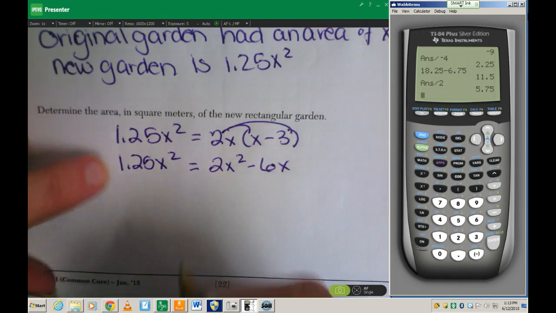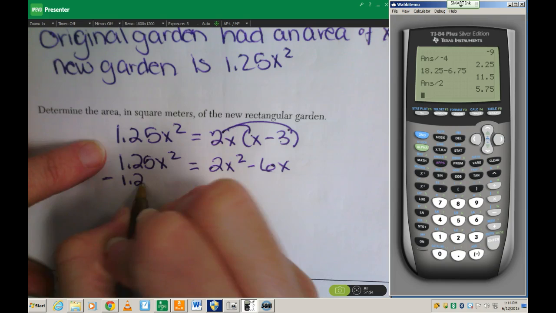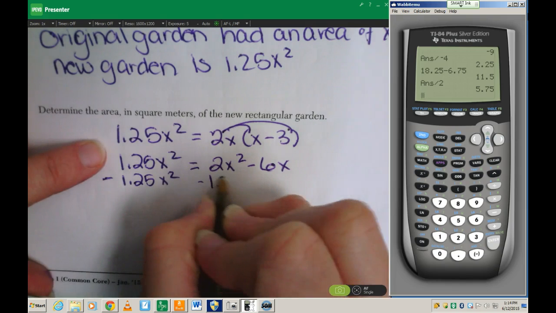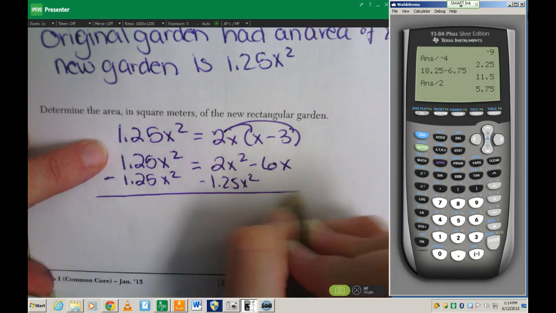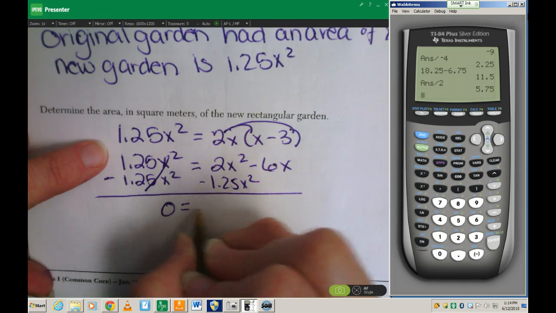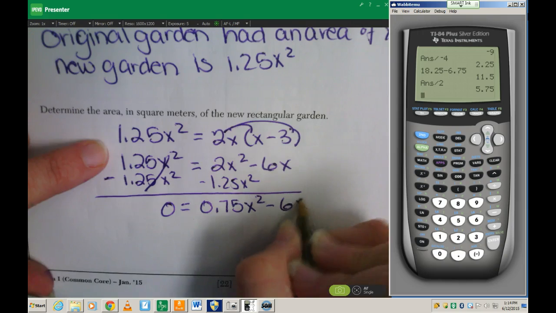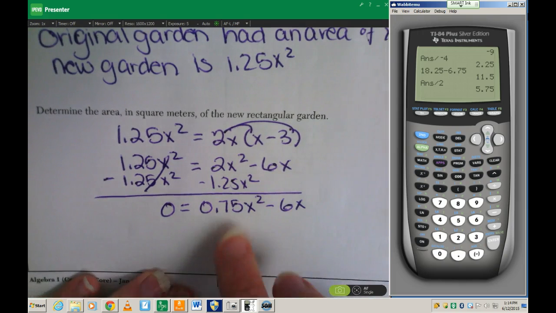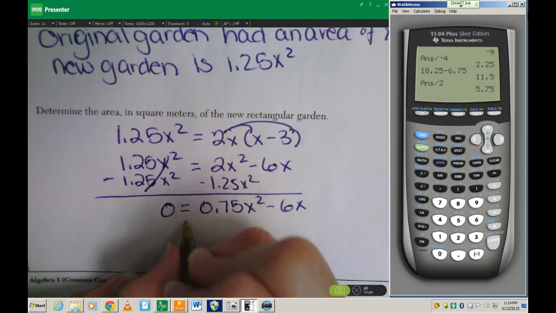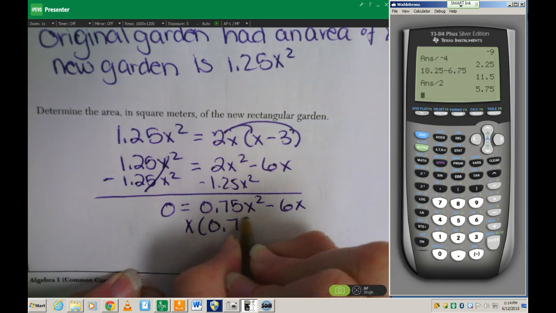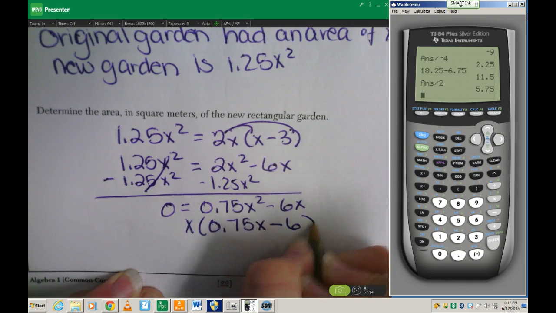We have to make this equal to 0, so subtract 1.25x squared. This will cancel. Okay. Now we can just factor out the x. And now we solve.